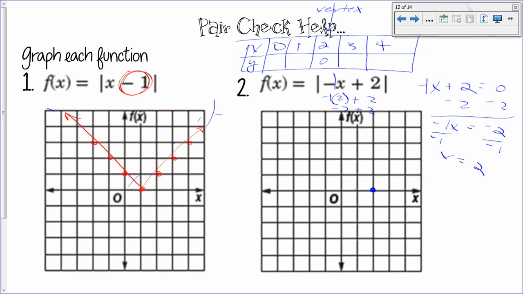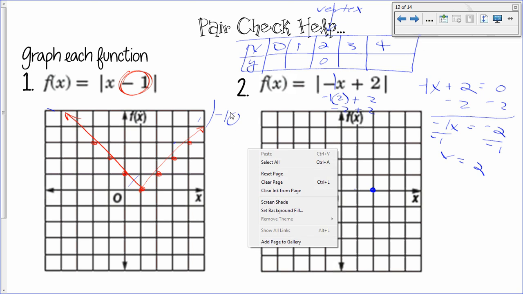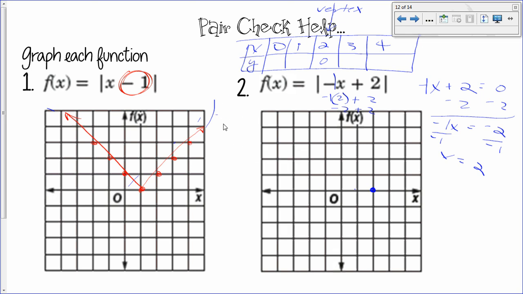Okay, that's -1 times 0 plus 2. What's that give me? 2, doesn't it?